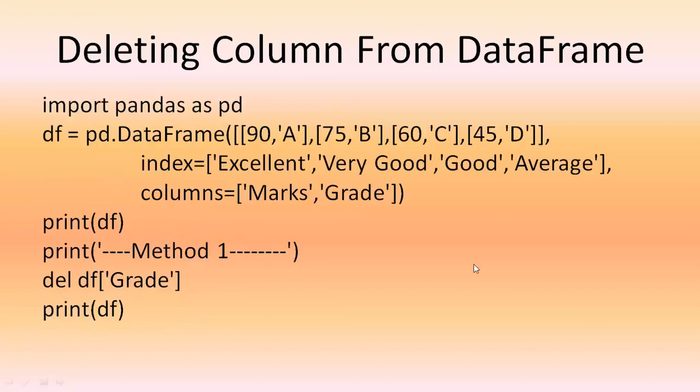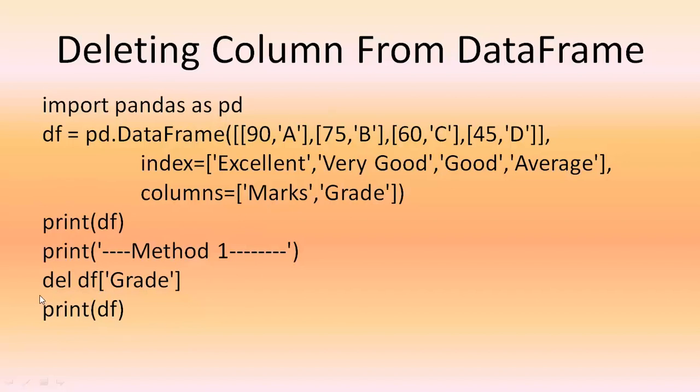Deleting a column from a data frame. For deletion of a column from a data frame you can use the del command. In the first method, for example, we have these columns, marks and grade, and we want to delete one.